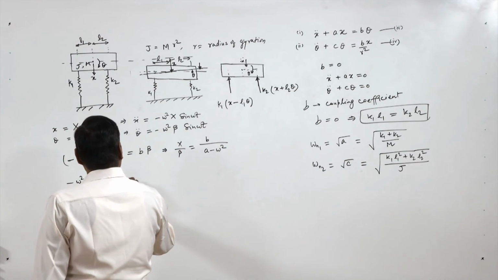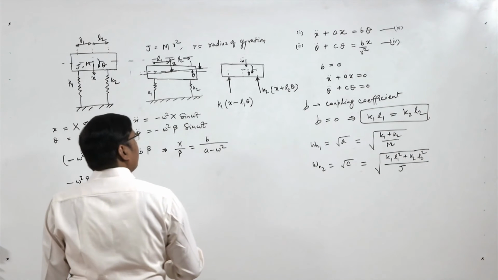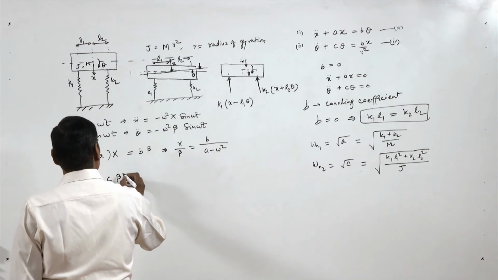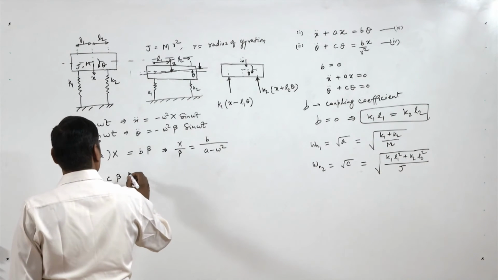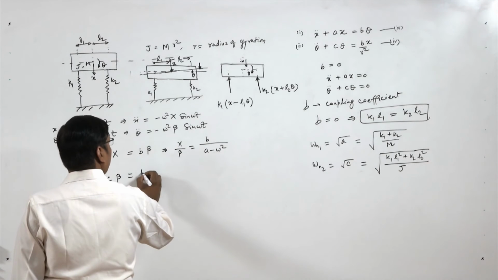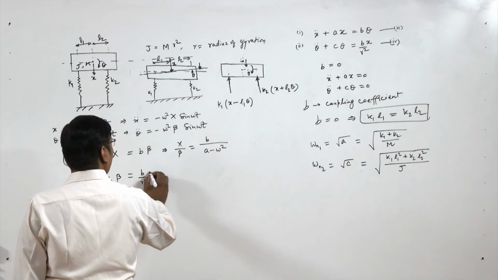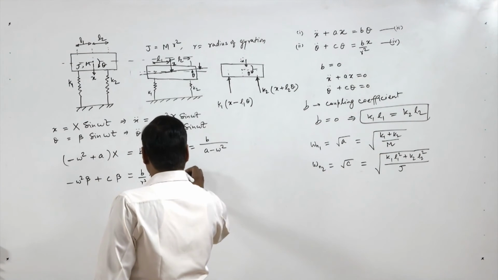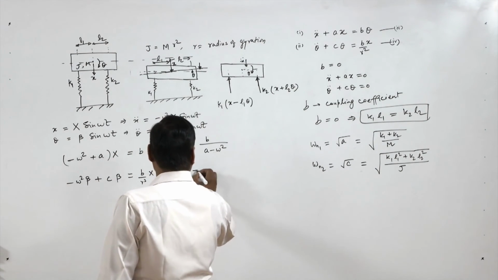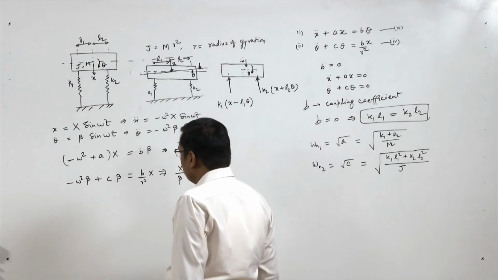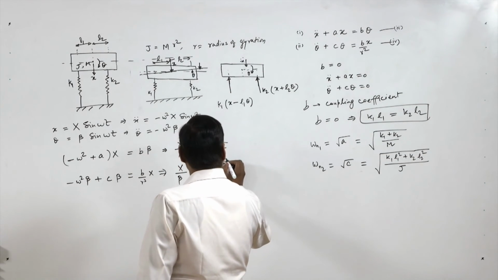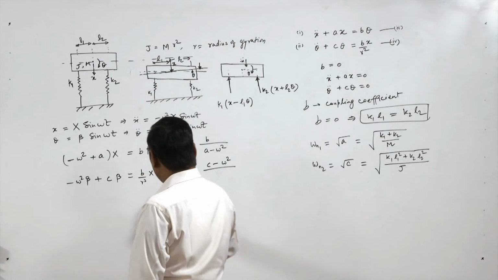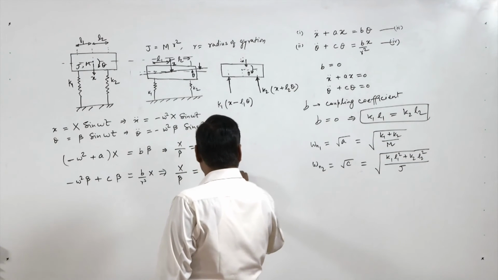So c beta here equal to b by r square into x. So from here we will get that x by beta equal to c minus omega square upon b by r square.